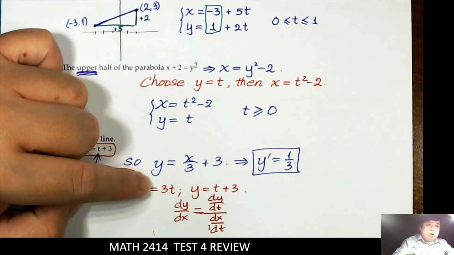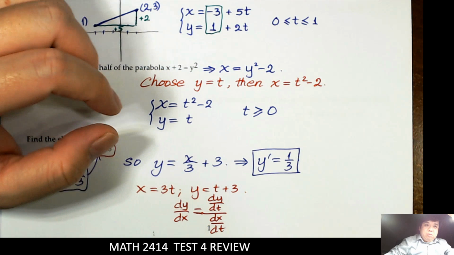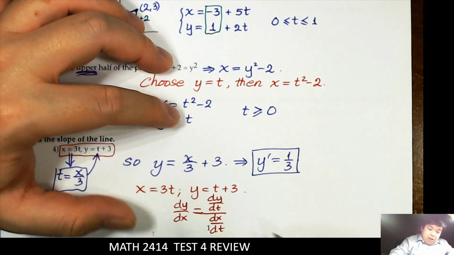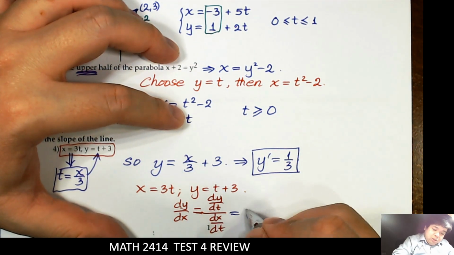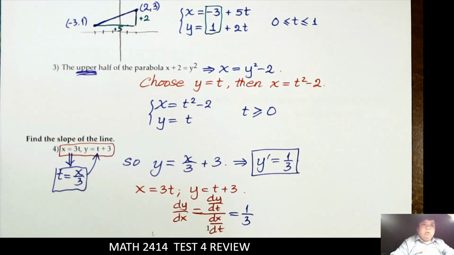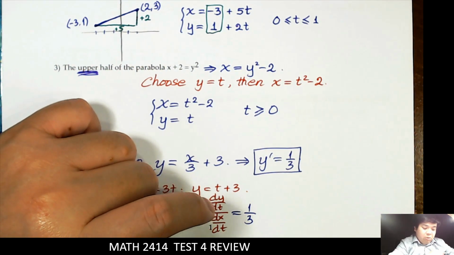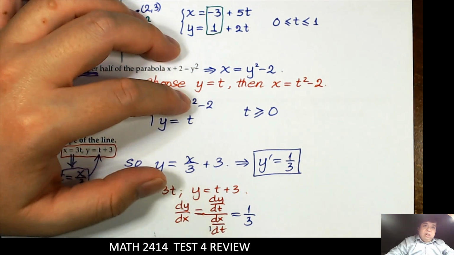So pretty much we take derivative of x with respect to t and then derivative of y with respect to t, and we divide them. Derivative of y with respect to t is 1. Derivative of x with respect to t is 3. So we still have 1 over 3. And that is the formula. Dy over dx is equal to dy over dt over dx over dt.